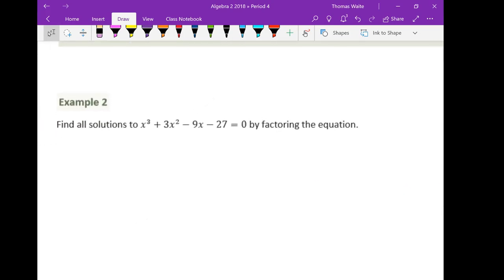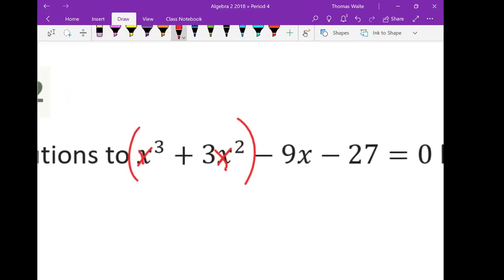So what we want to do first is group our terms based on ones that have common factors. Let's take, for example, this x cubed and positive 3x squared. If I'm looking at those two as a group, what do they have in common? I notice right away that both have x's.